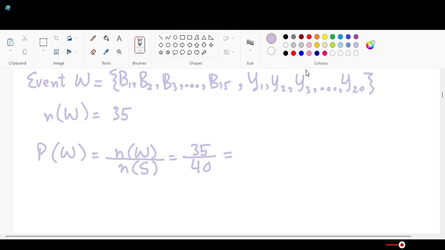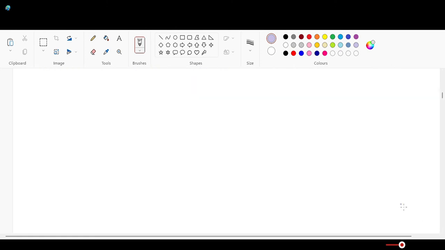From dividing, we know that 5 7s are 35 and 5 8s are 40, so 7 over 8. So we have a high chance, almost a guaranteed chance, that the ball we pull will not be green. Anyway, that's the 8th question.